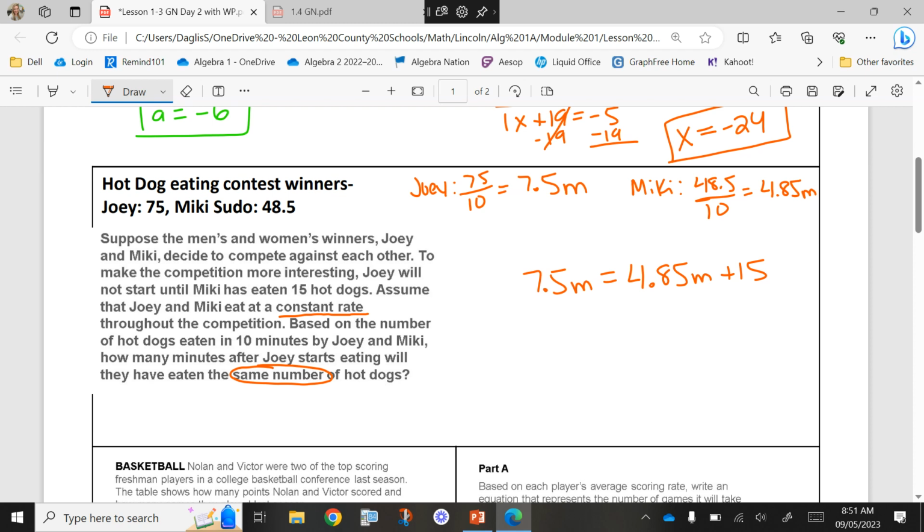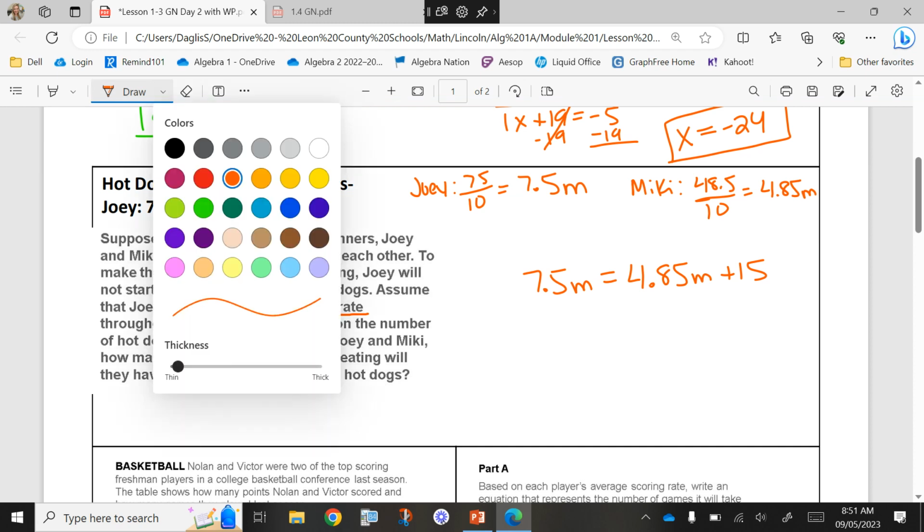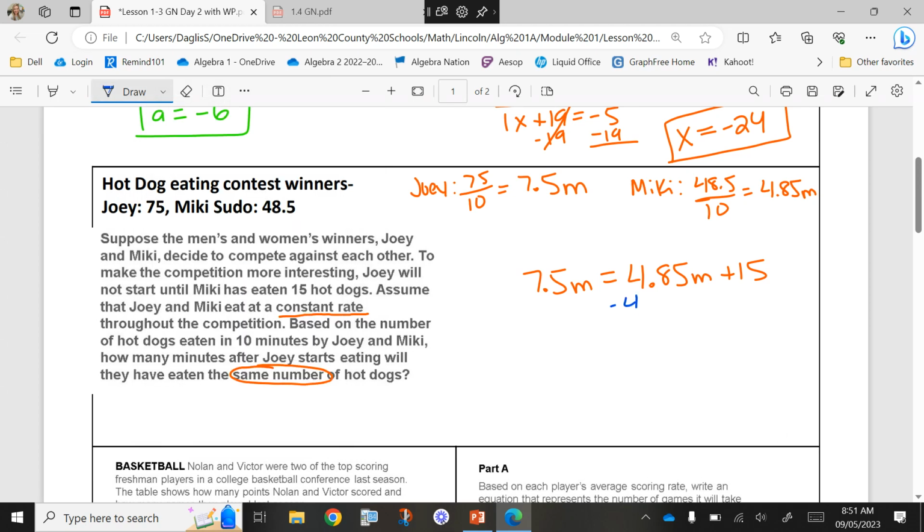What should we do? What do you think? We're going to solve this now. Let's subtract this to the other side, so that my variables are together. All right, so my calculator friends, what is 7.5 minus 4.85?